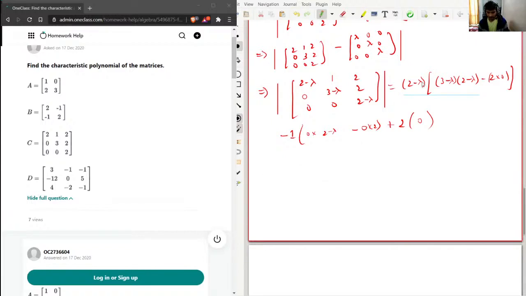So we'll have a product of these three terms only. So I'll just write 2 minus lambda, 3 minus lambda, 2 minus lambda. So I can clearly see that we have two 2 minus lambda terms. So I'll write this as 2 minus lambda whole square and then 3 minus lambda.